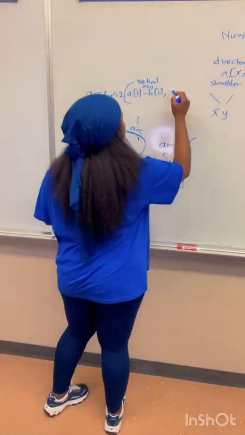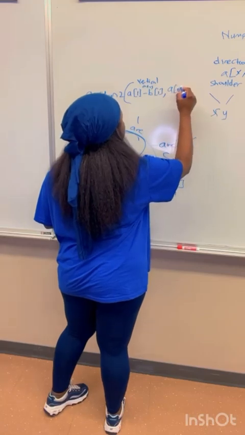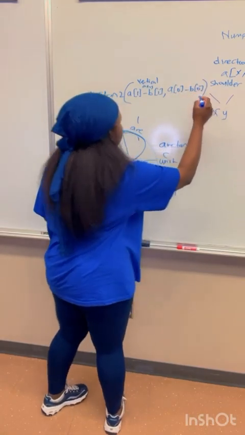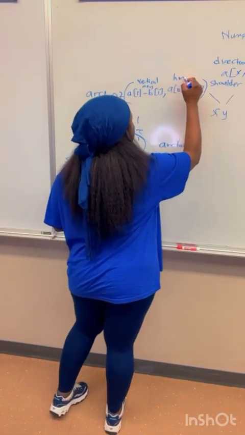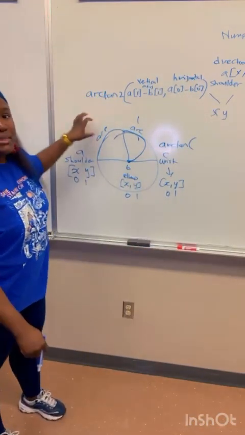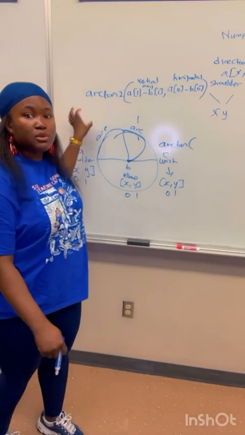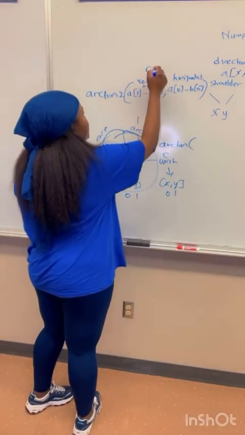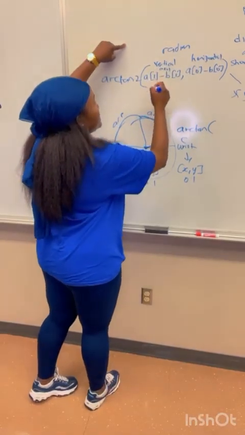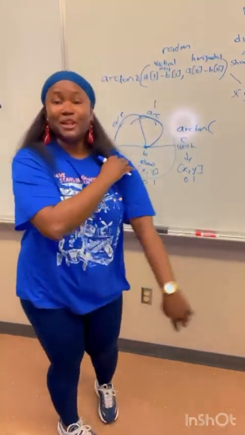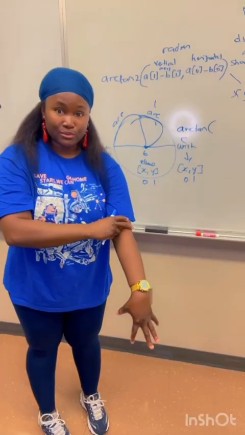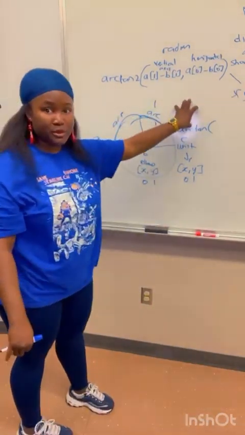And then we'll do A0 minus B0 for the horizontal distance. So passing this to the arctan function, we'll get something we call the radian. This is the distance between my shoulder to my elbow. We've gotten the angle, right, with this formula.